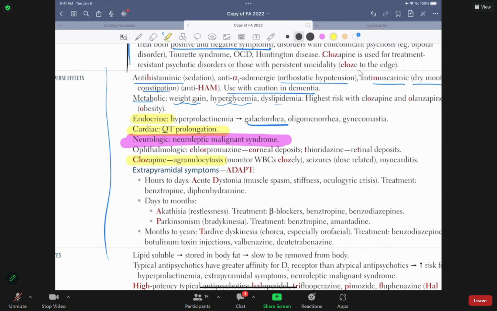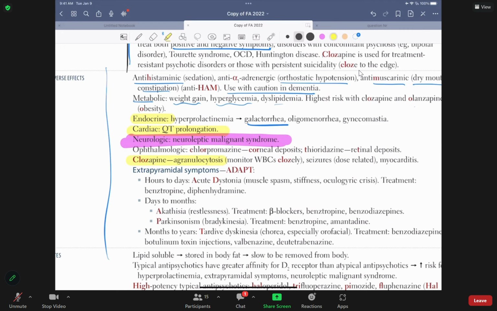Is that clear, folks? Tell me one more medication we studied so far that also causes agranulocytosis, where they come up with fever and sore throat. I mentioned this. I'll give you a hint: endocrine.